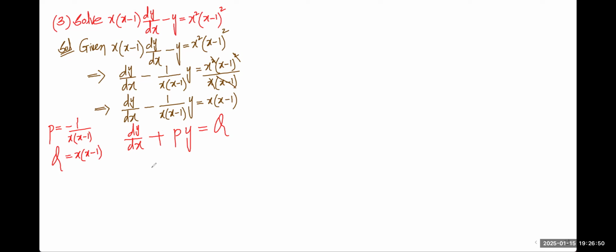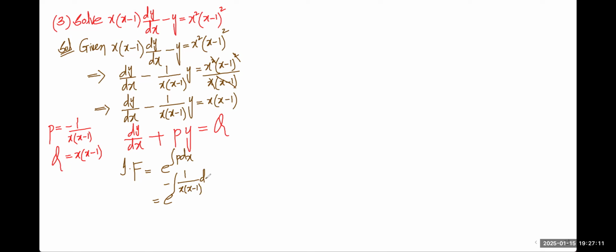Now we shall move on to finding the integrating factor. Integrating factor is equal to e power integral p dx, which is e power integral of minus 1 by x into x minus 1 dx.